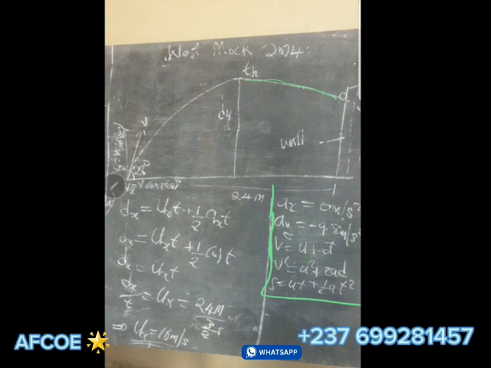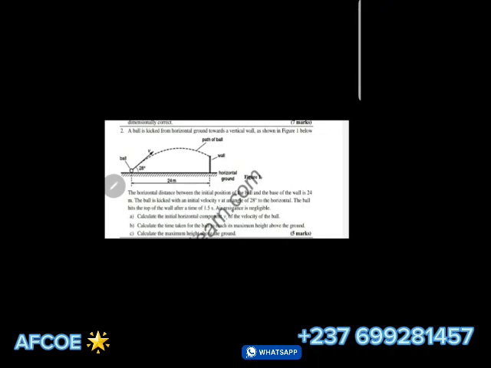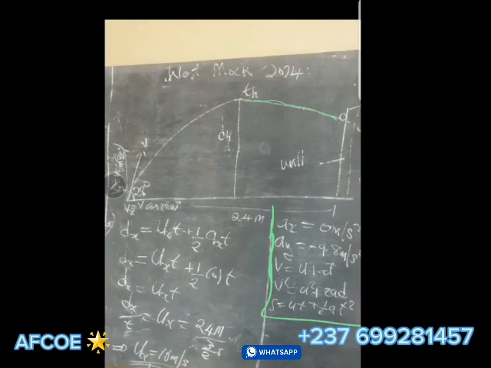So now you come to the first part, which asks to calculate the horizontal component of the velocity, vx, of the ball. To calculate that, we are given the horizontal displacement. I can say that the horizontal distance dx will be equal to uxt plus half axt squared.